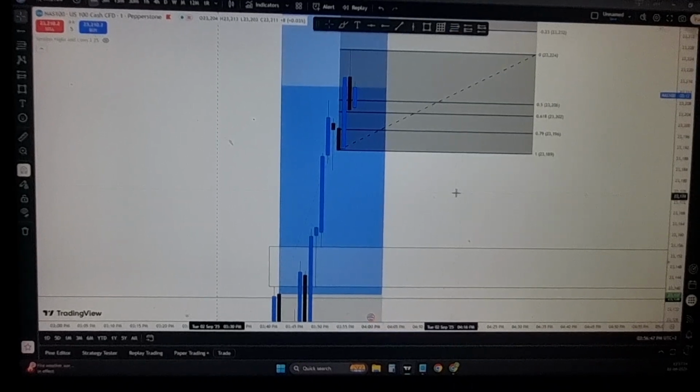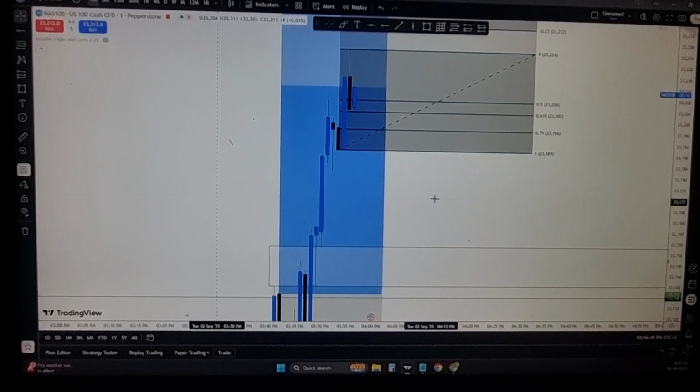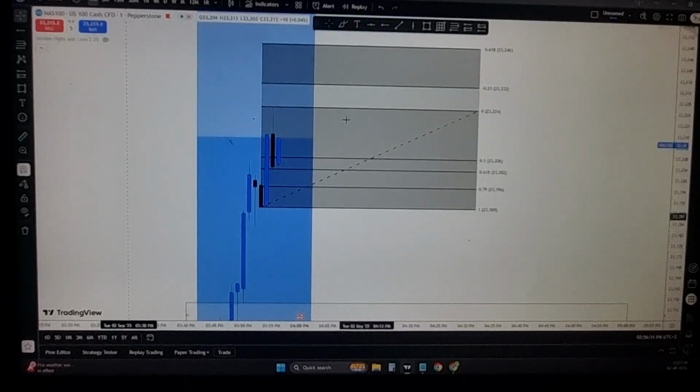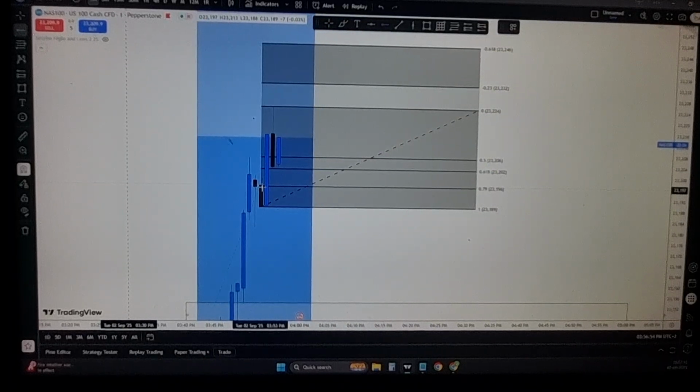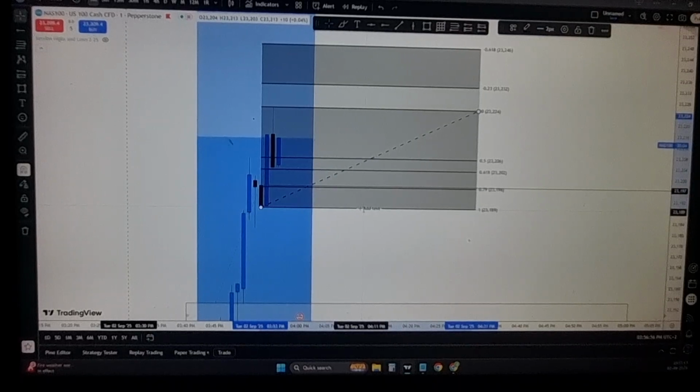Or 79% closure to the downside, which is about here.